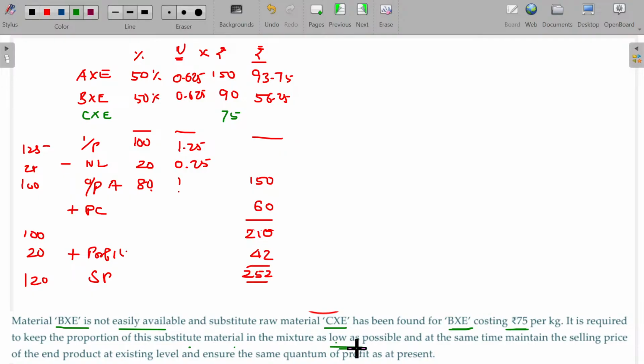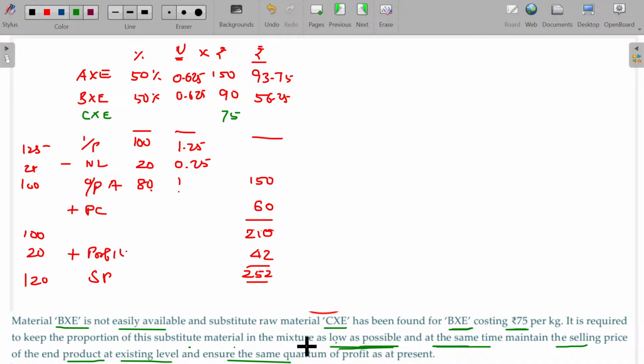Now, as BXC is not available, they go for CXC being the substandard material, but the substandard component is to be included at as low a level as possible. At the same time, maintain the selling price of the end product at the existing level and ensure the same quantum of profit at the present level.